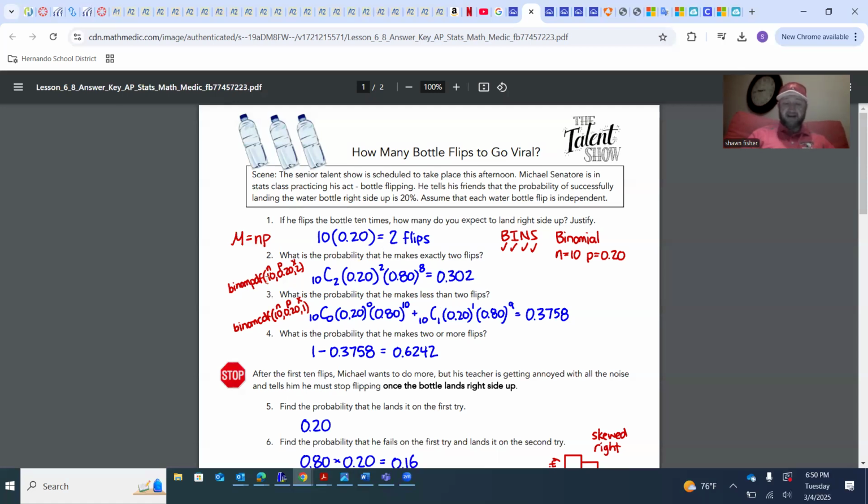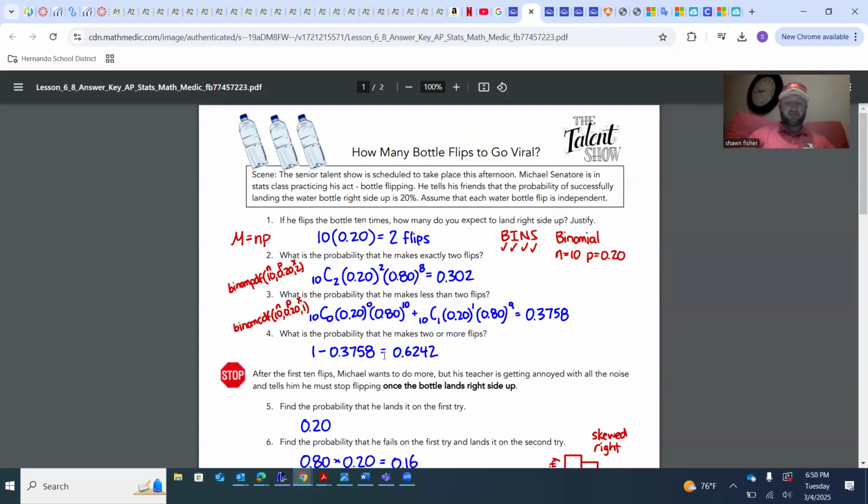That's not a PDF, that's a CDF. Less than two does not include the number two, so I really want one and zero. If I want to do it the long way, that's what it would look like: zero successes and 10 failures, plus one success and nine failures gives me this. Or we can put it into our calculator, and we know how to do that already.